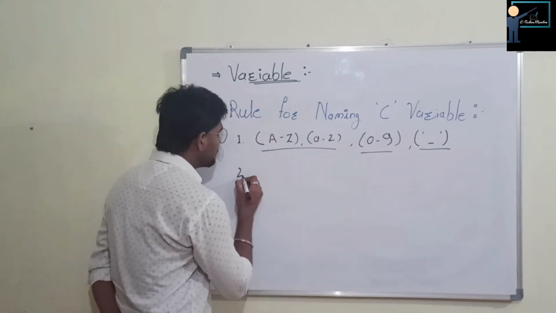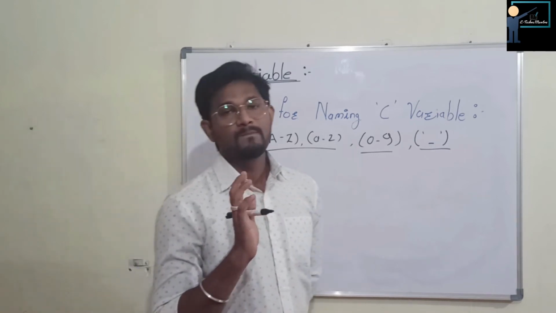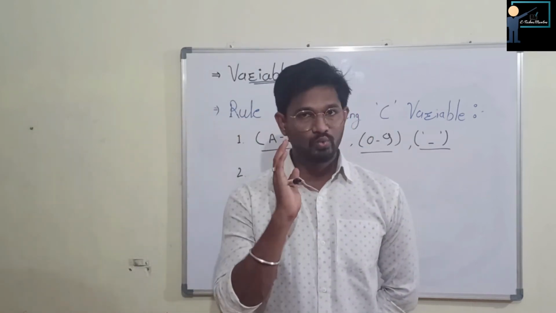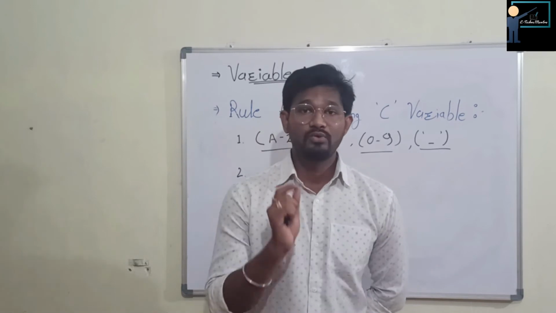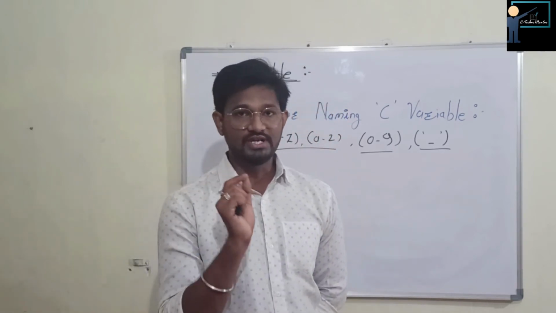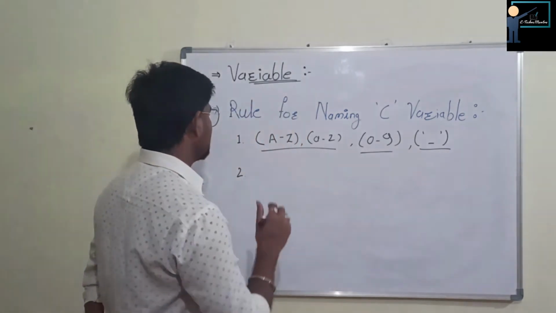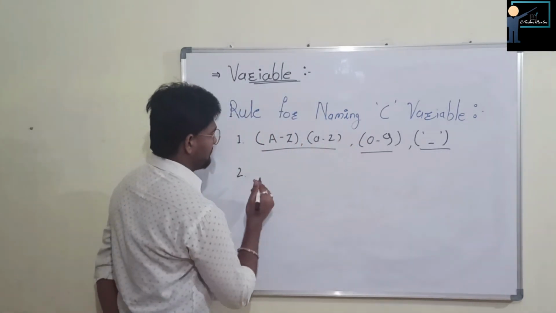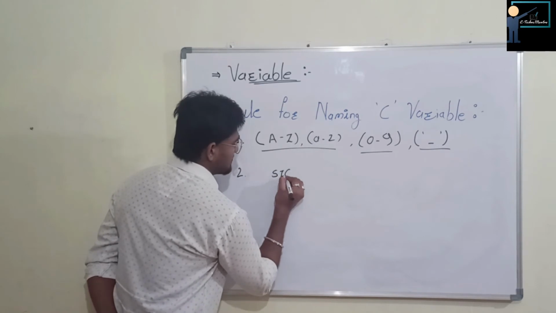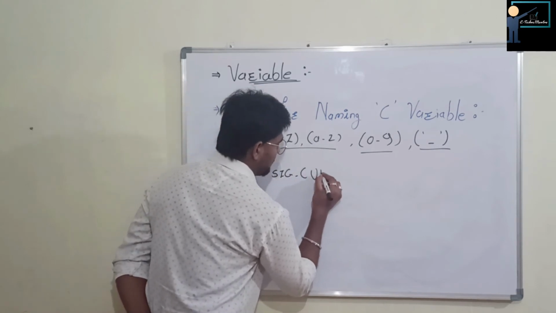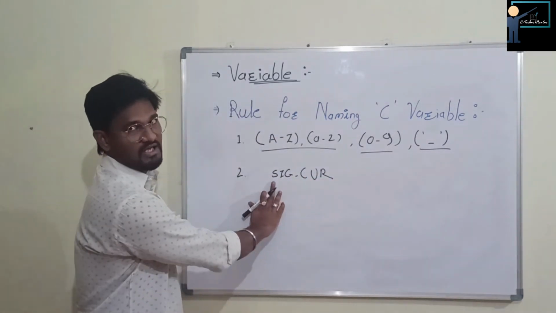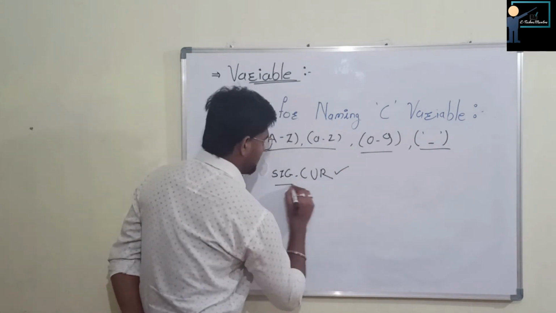The second rule is, whenever you name any variable, your variable must start with an alphabet or underscore. For example, signal underscore CUR: if the variable name starts with an alphabet, it is acceptable.